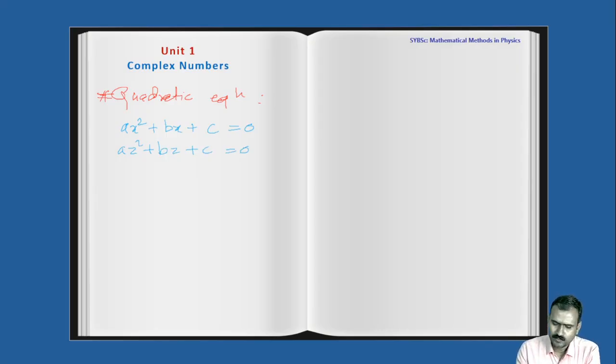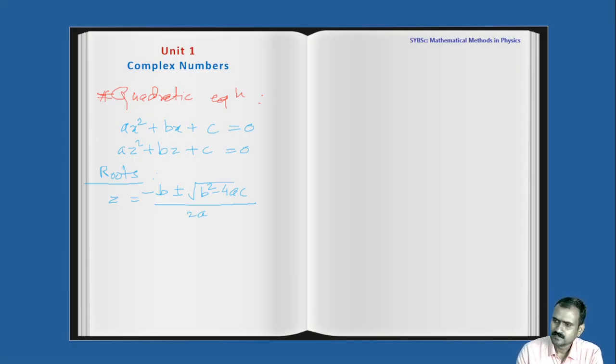In this we can find the unknown values of x or z. So the roots of this quadratic equation are z = (-b ± √(b² - 4ac)) / 2a. These are the two roots of this quadratic equation.